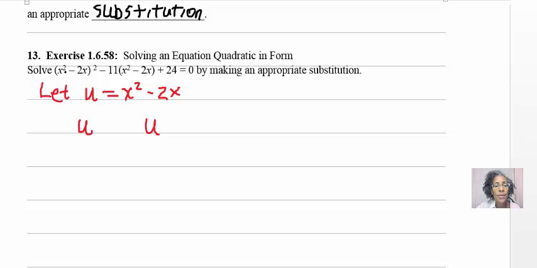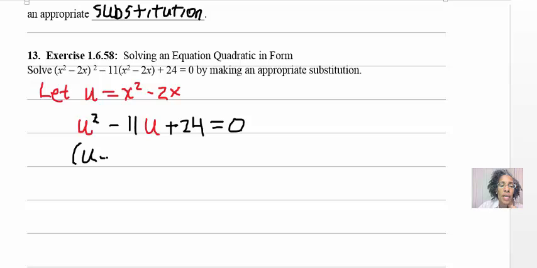Notice I was squaring x squared minus 2x here, so this is u squared. Here I was subtracting 11 times x squared minus 2x, so that's minus 11u plus 24 equals 0. Wherever I had x squared minus 2x, I replaced that with a u.